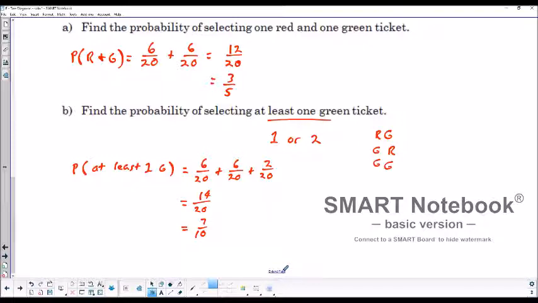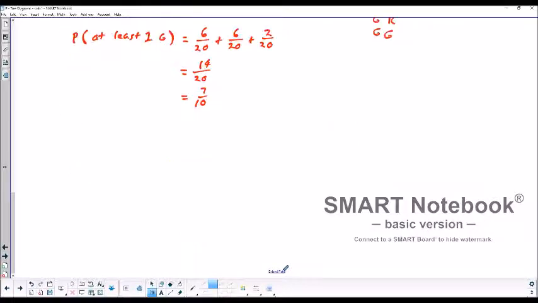But what we could do though is we can say, well, at least one green is equal to 1 minus no green, right? So 1 means that we're going to select 2 tickets. And no green is the first probability of it being 2 red.